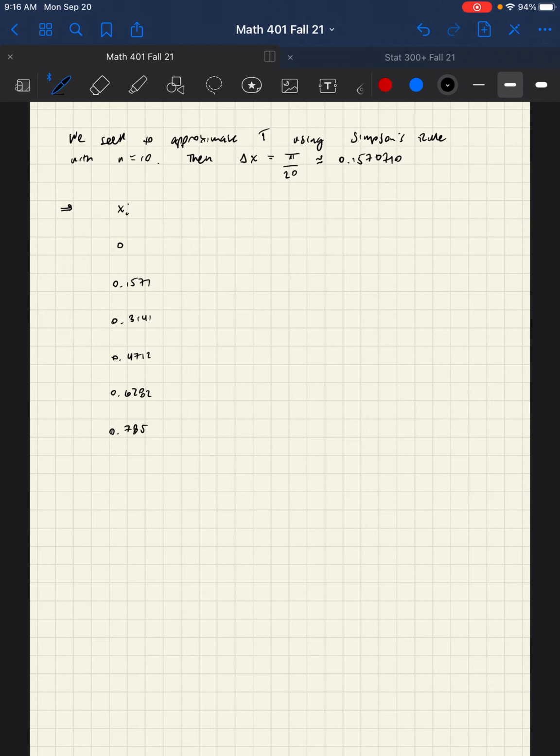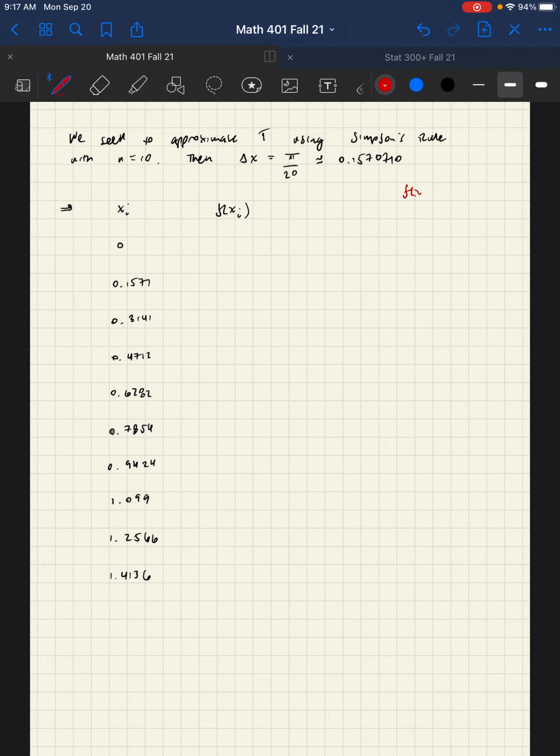I'm just adding delta x to the previous one each time. 0.7854, 0.9424, 1.099, and there's two more. 1.2566 and 1.4136. Okay, those are my x values.